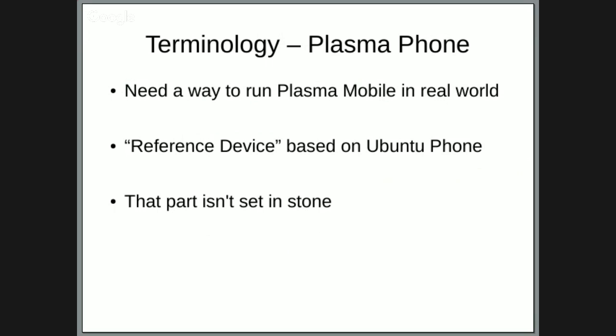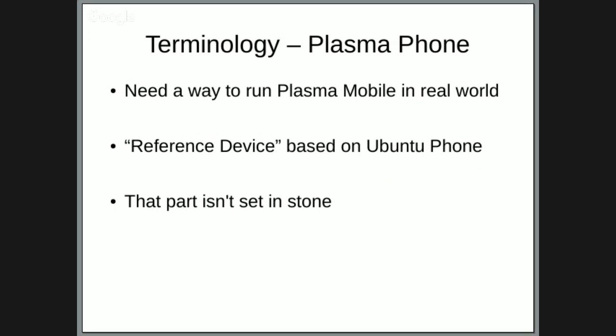Once we have these applications, we need to run them on a device. There's no point just having it on our desktop and us poking a monitor, because that just ends with a dirty monitor.